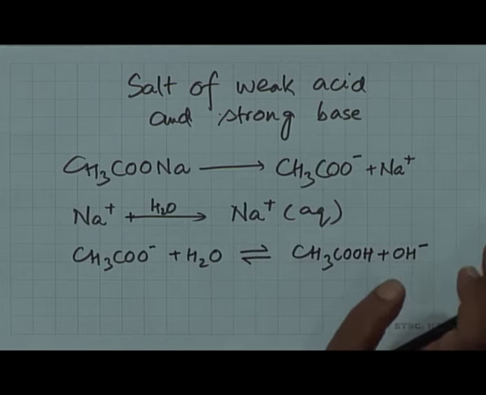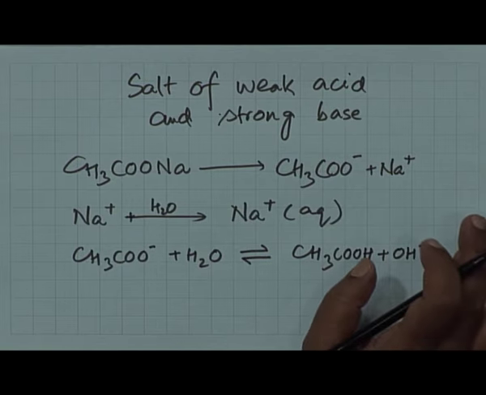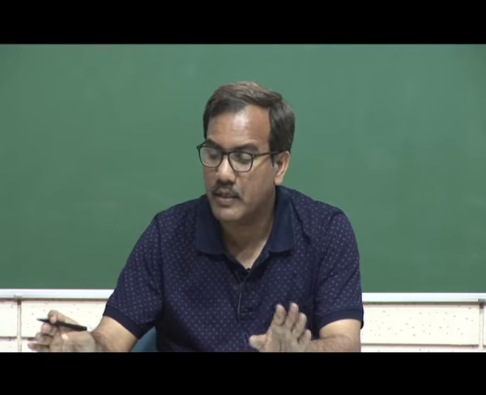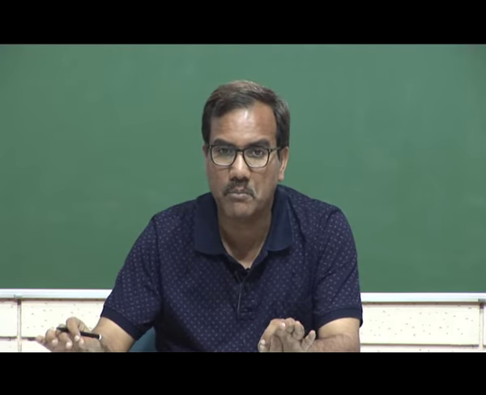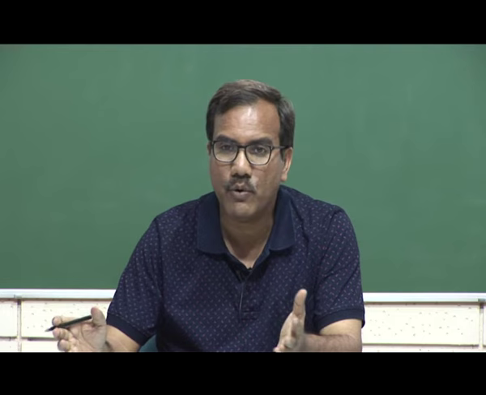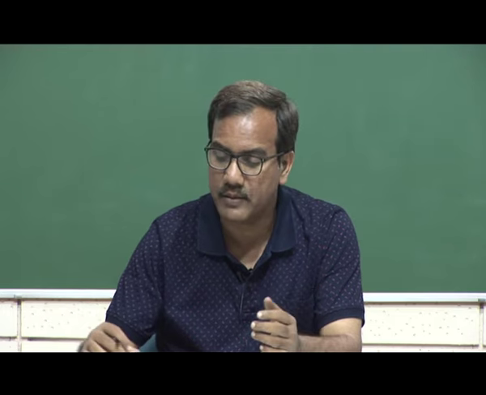And the OH minus concentration which you are going to get in most cases is always greater than the OH minus which you get from water. So, if I want to calculate pH or pOH, I need to know the value of OH minus.